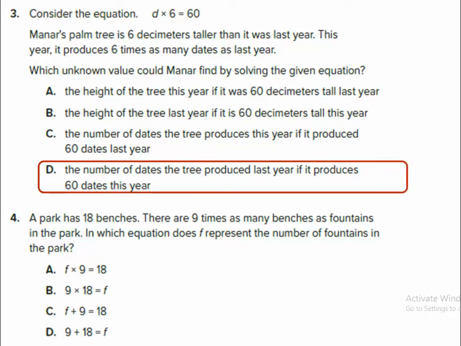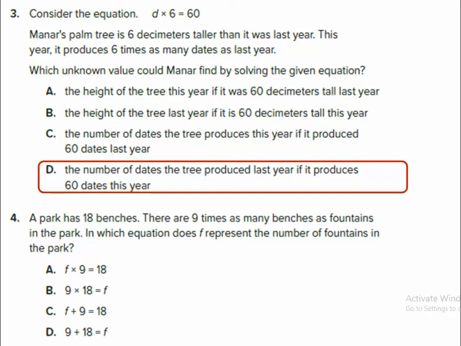A park has 18 benches. There are 9 times as many benches as fountains in the park. Okay, it means 18 equals 9 times what?